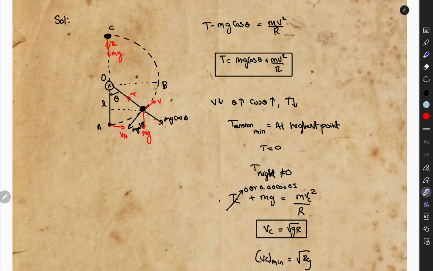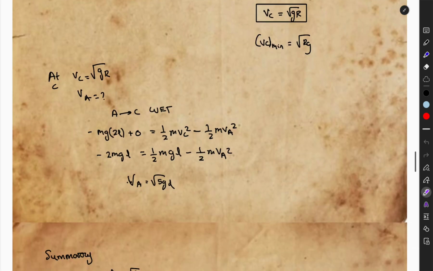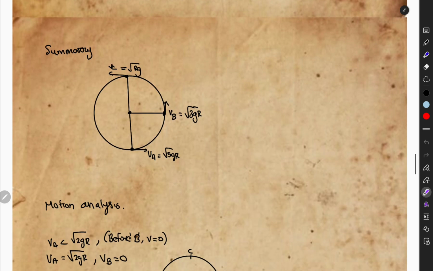So work done by gravity is plus mg 2L plus 0. Normal force 0, so tension force, it's always perpendicular, so it's going to be 0. From these two equations, we have found vc square for sure. We need to find va, so I think this is not a big deal.